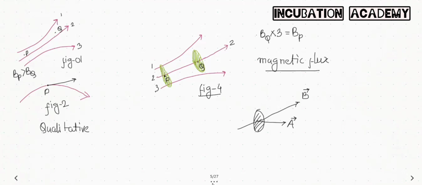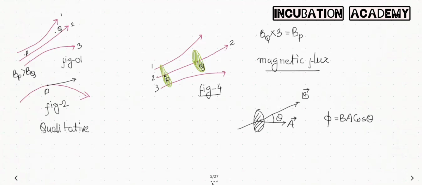If the angle between the area vector and the magnetic field vector is theta, then the magnetic flux is phi equal to B A cos theta. So this is the theoretical background of the magnetic flux.